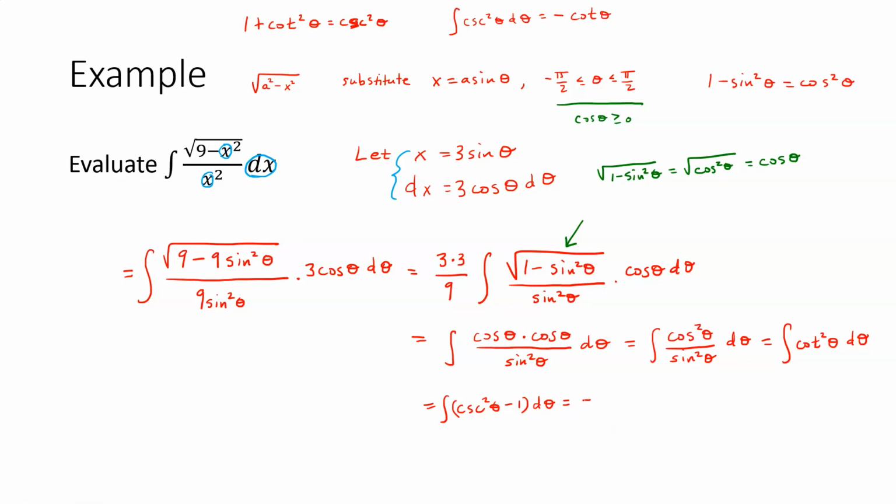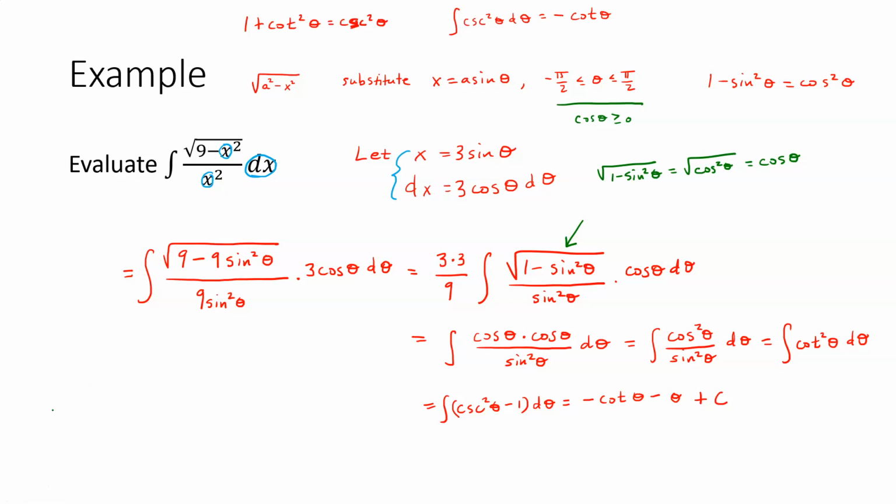So this will be negative cotangent minus the antiderivative of 1, which is theta. Okay. So let's be careful though, we aren't done, because what we have here is in terms of the variable theta. But the original integral that we started with was with the variable x, so we have to somehow return to that variable.